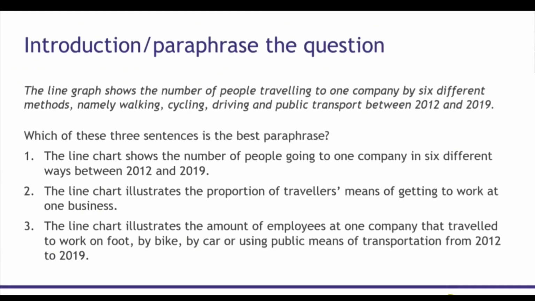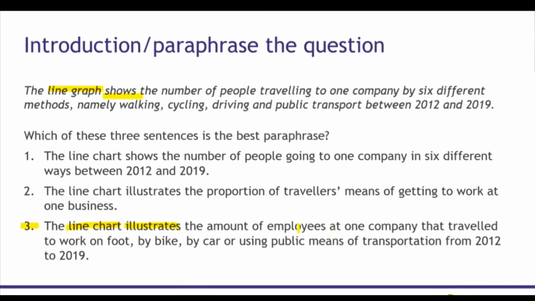Okay, so the best paraphrase here is number 3. This section, number 3, talks about all the different parts of the question that we can see. So it talks about the chart or the graph that we see above. We've got a synonym here for shows, illustrates.